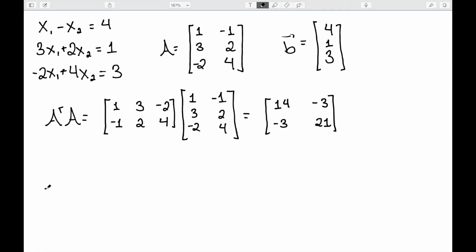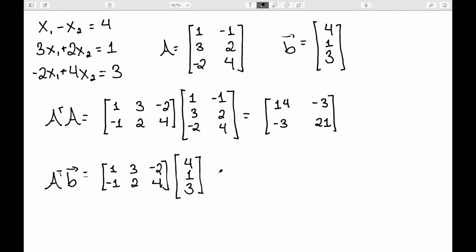We also need to find A transpose times b. So we'll have A transpose times my constant vector 4, 1, 3. And when we multiply that, we get the vector 1, 10.